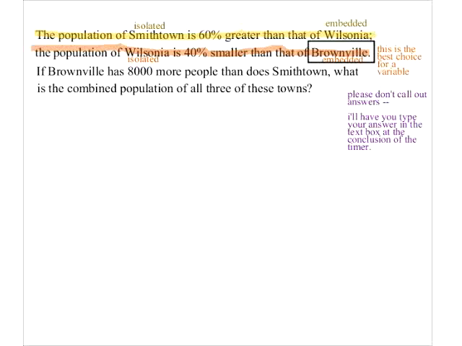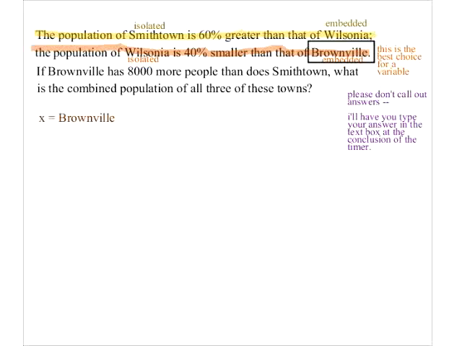Now, I'm assuming a certain knowledge of percentages on your part. So, let's say x is Brownville. Let's put this in brown. It's Brownville. Then how do you do 40% smaller than?